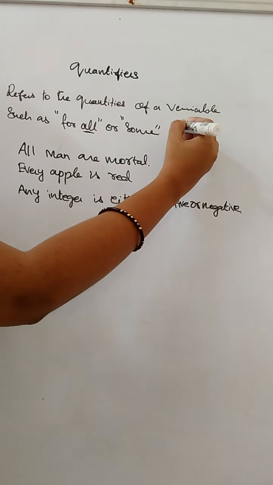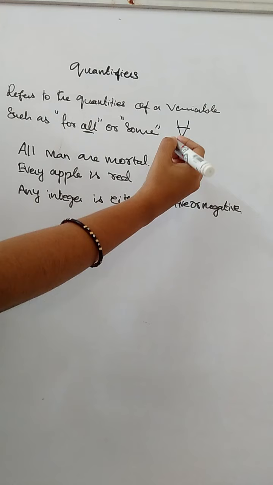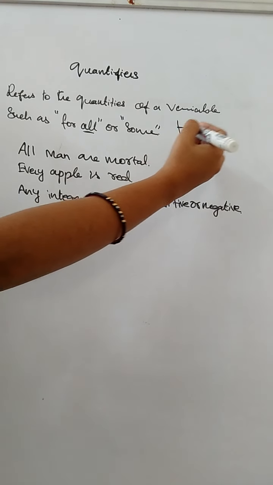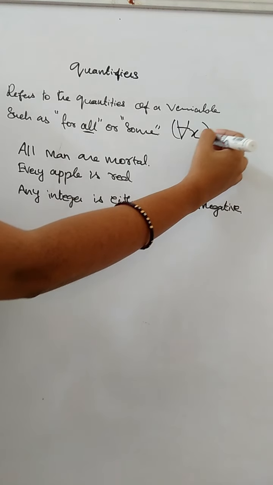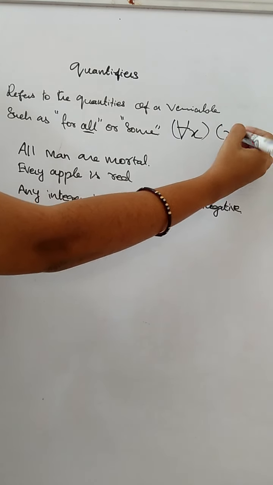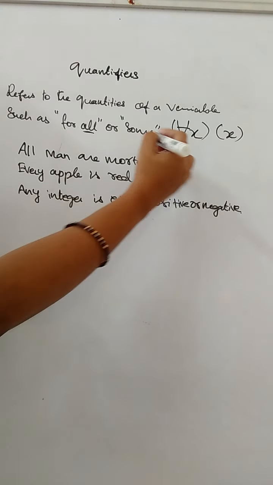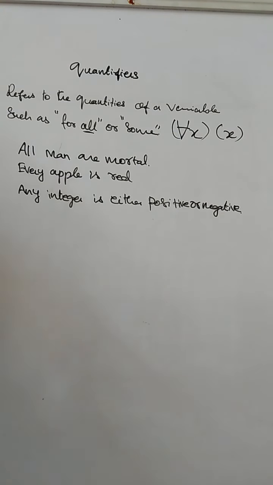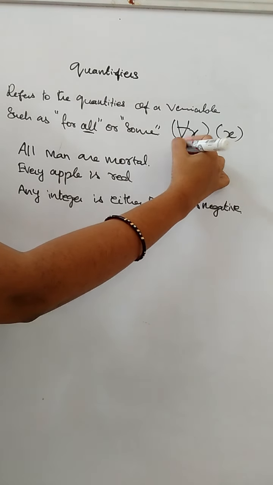For all will be denoted by this symbol, or else it may be represented like this one, or like this one. This is for the universal quantifier. And for the existential quantifier, it will be represented like this one.